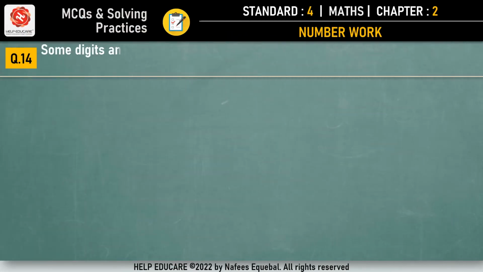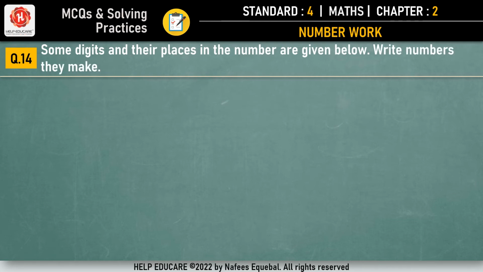Question number 14. Some digits and their places in the number are given below. Write numbers they make.